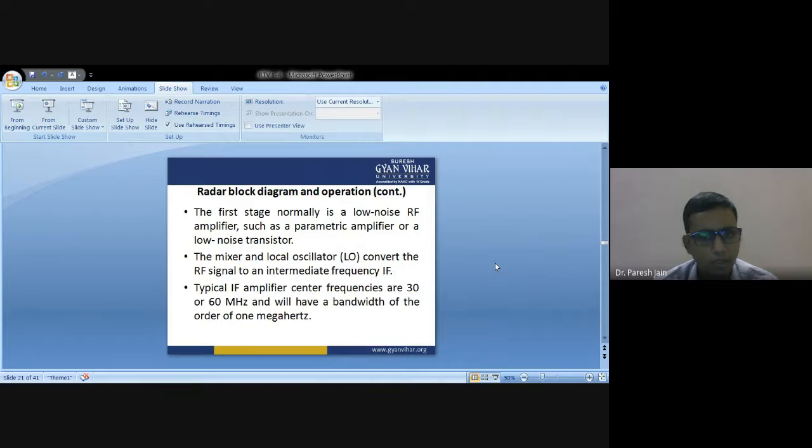The mixer and the local oscillator convert the RF signal to an intermediate frequency, IF. In the receiver section, we have the mixer and local oscillator that convert the RF signal into an IF signal, or intermediate frequency signal. Typical IF amplifier center frequencies are 30 or 60 megahertz, with a bandwidth of the order of 1 megahertz.